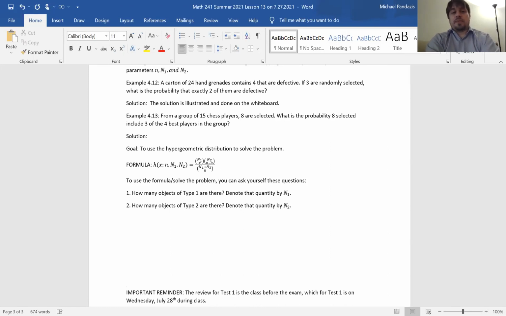Okay. Three, how many objects from type 1 are you selecting? Denote that quantity by little x.